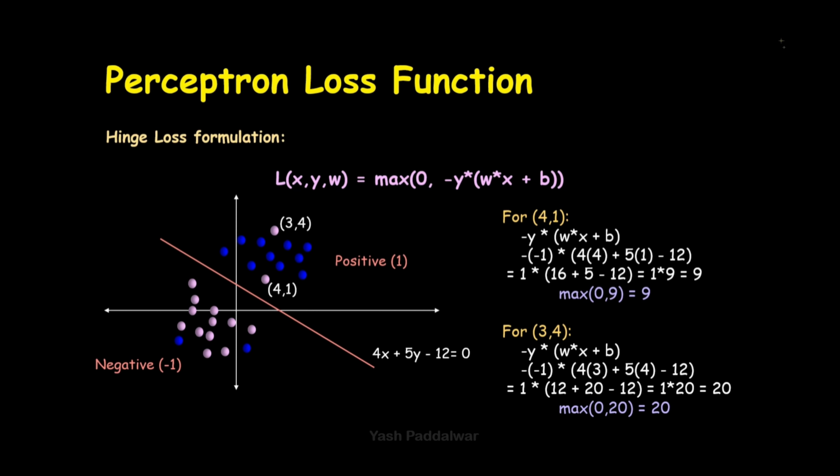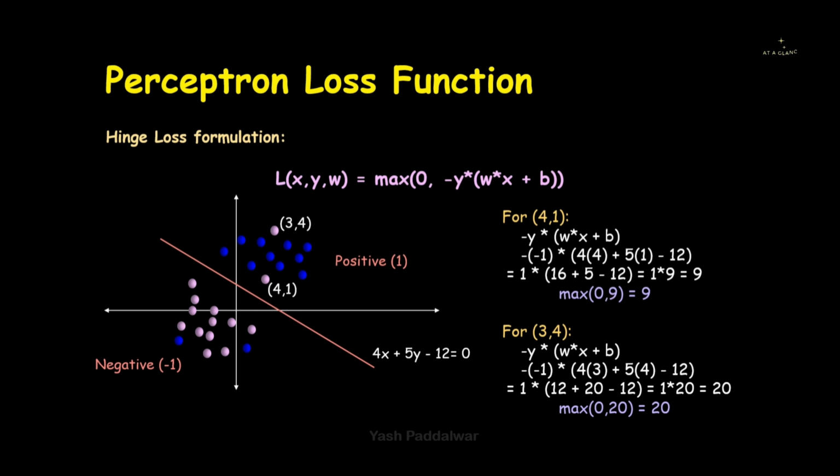The coordinate 3, 4 is at a higher distance from the classifier than the coordinate 4, 1, and that is why the loss also has to be more. And we have got more loss for the coordinate 3, 4 than for 4, 1.